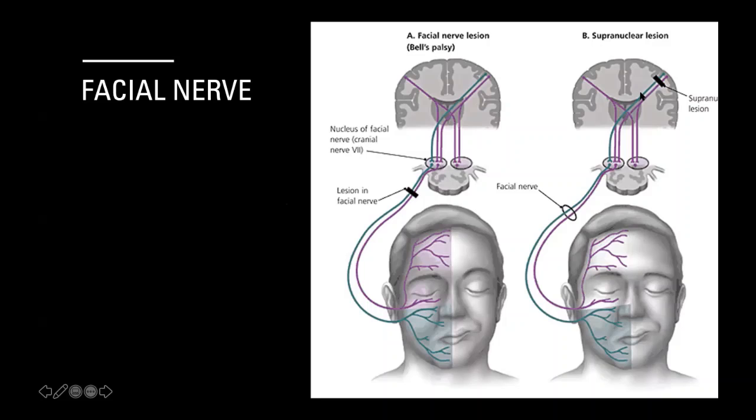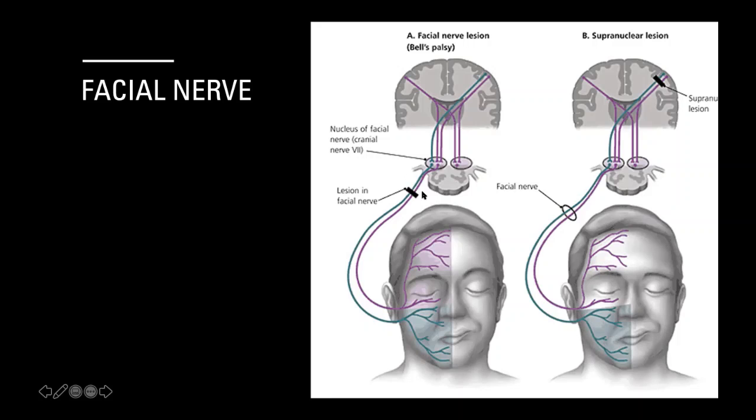So we've got a degree of redundancy. There's bilateral innervation of the nerve. So if there is an upper motor neuron lesion, then the opposite side will still be innervating the forehead, so the forehead will still be able to function.